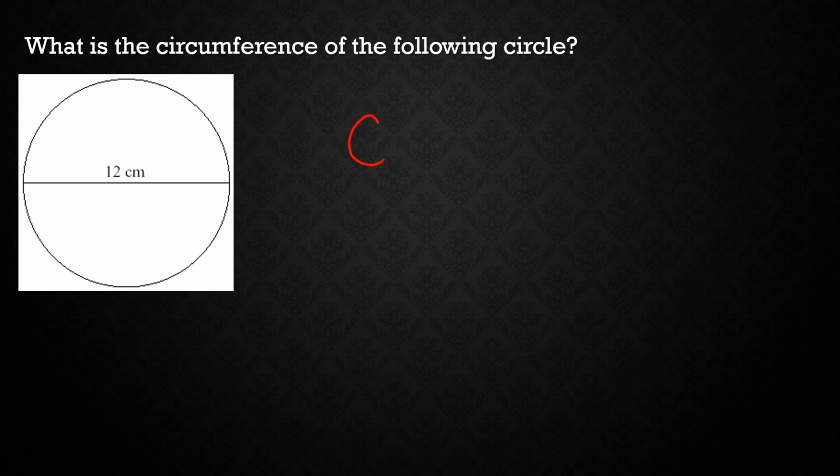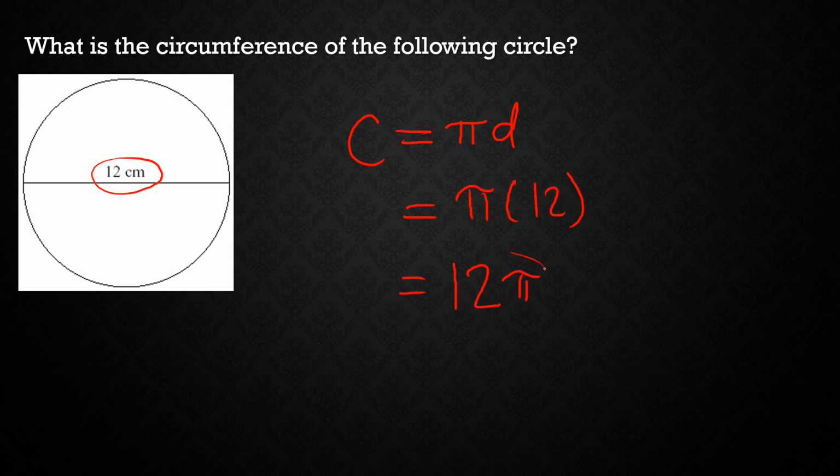Again, I'm going to start with my formula. Circumference equals pi times diameter. My diameter here is 12 centimeters. So I'm going to have pi times 12, or I can rewrite that as 12 pi.